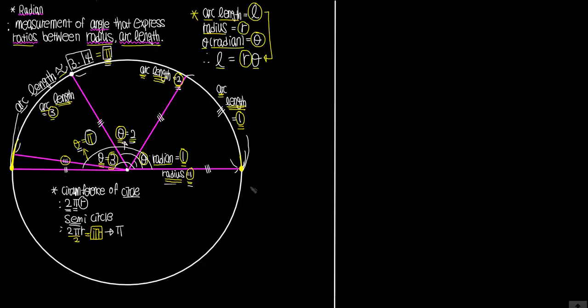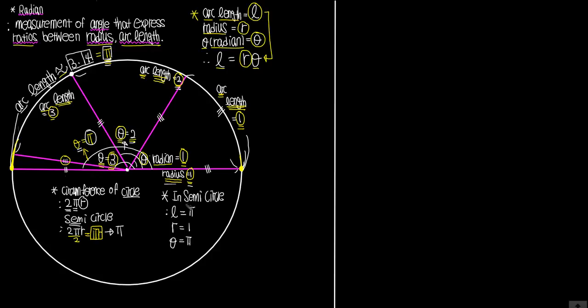So we can realize in the semicircle, and again the definition of the semicircle is half of our circle, then the central angle, when the L value, which is the arc length, is pi, and the radius, which we'll notate as r, is 1, then theta, which I notate as theta to show the angle measurement between them, is also going to be equal to pi radians.